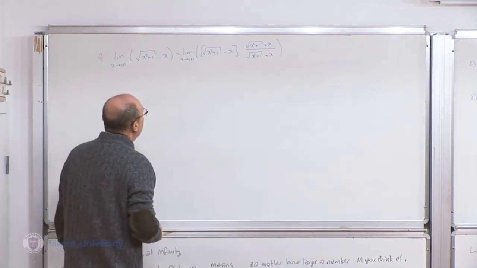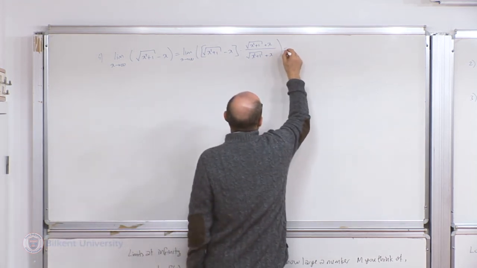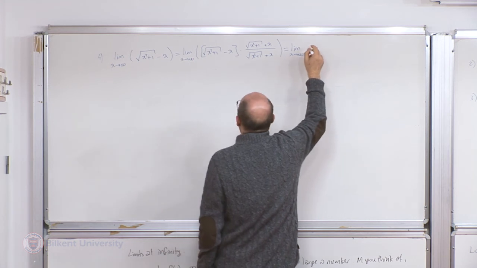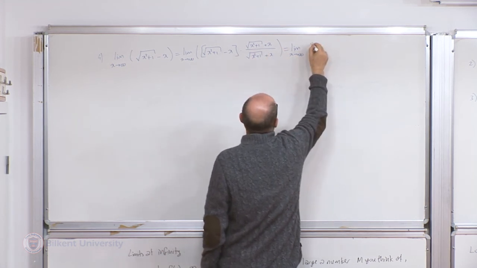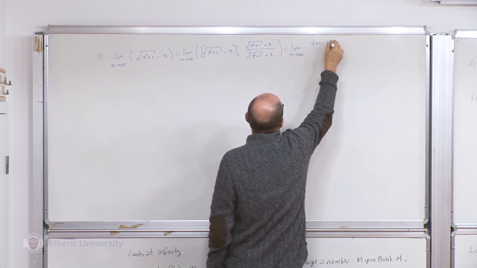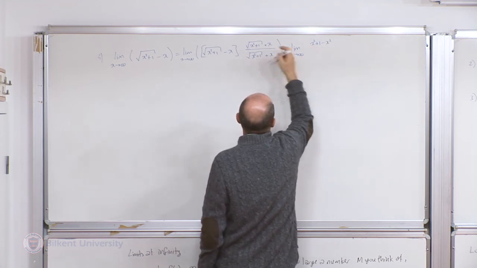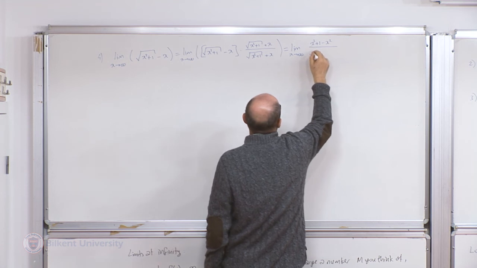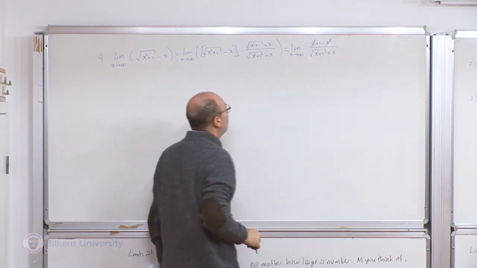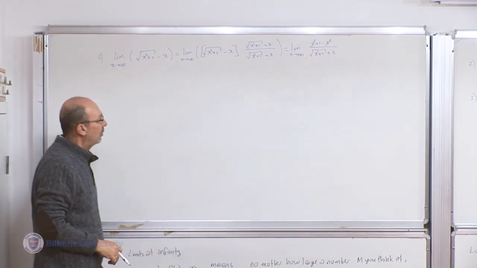Now the limit as x goes to infinity: this thing becomes x squared plus 1 minus x squared, the square of this minus the square of this, and here I have square root of x squared plus 1 plus x. So these things cancel.